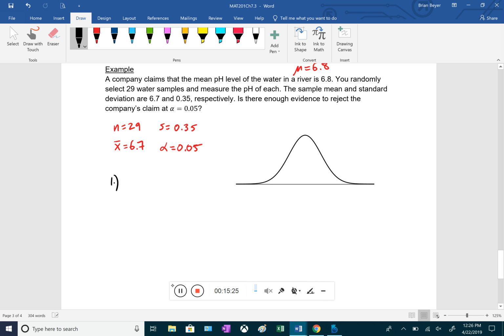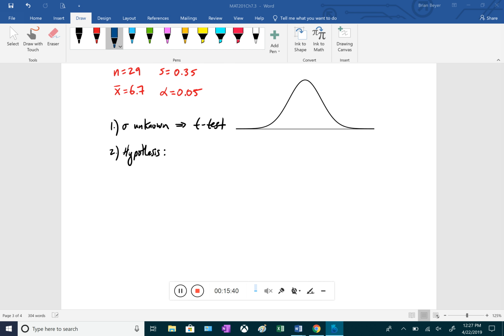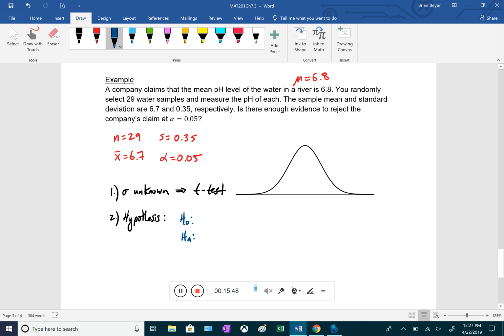Okay, so for the first step here, we don't have the population standard deviation, so we know that we're doing a t-test. And let's set up these hypotheses. So for the null and the alternative, we go back up to our claim. Our claim was that mu equals 6.8.